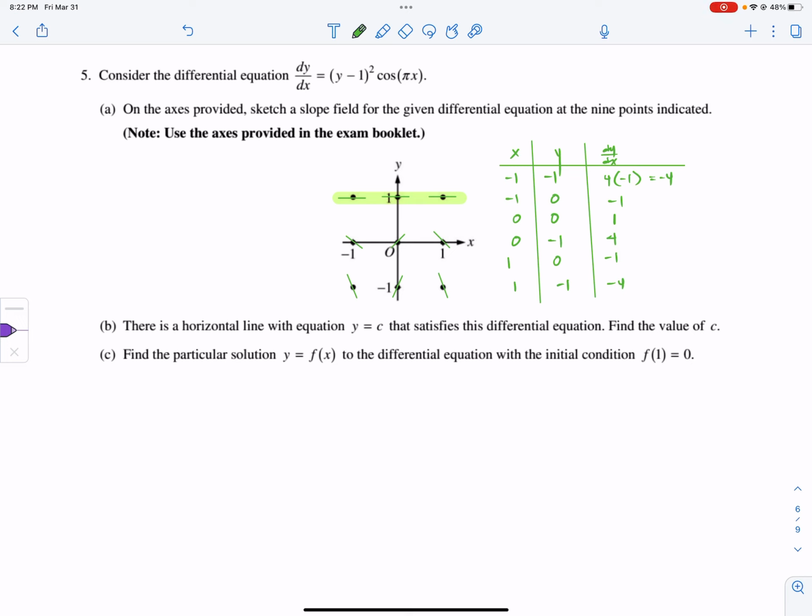So we can say for part B, you could say y equals 1 satisfies the differential equation. Here we could say y equals 1, I'll write that up, satisfies, using their language, the differential equation.